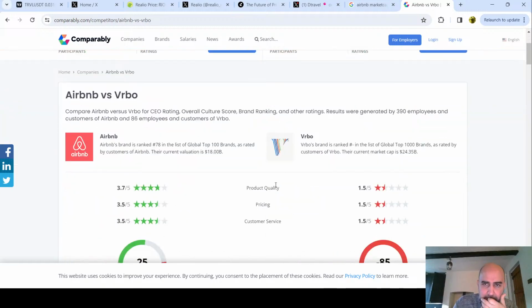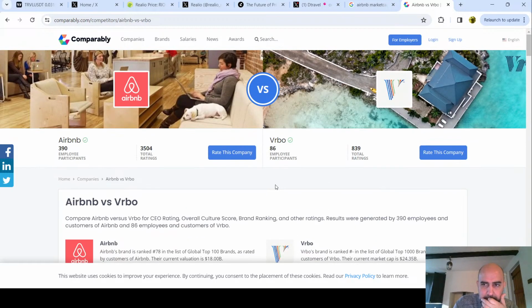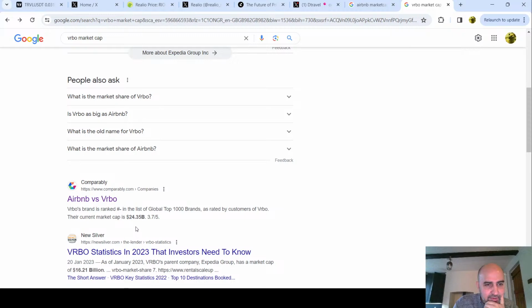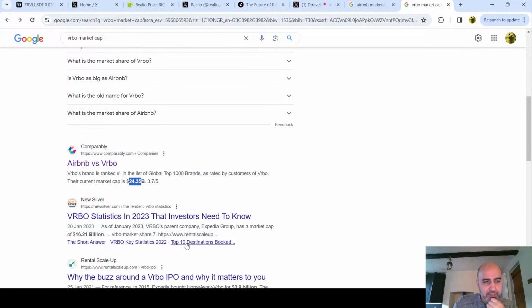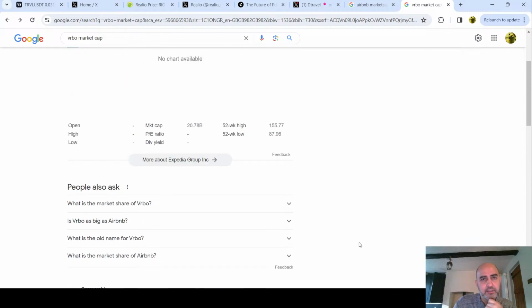Well, here it says their current market cap is 24.35 billion. I don't know where they got that figure from. And this one, there's older data. This is 16 billion.